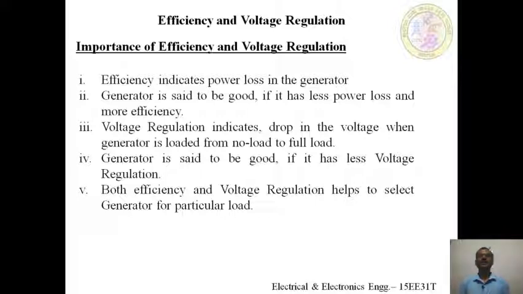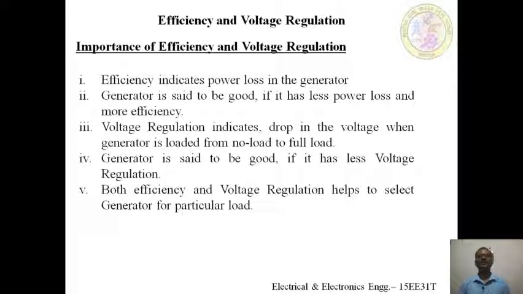Voltage regulation indicates the drop in voltage when the generator is loaded from no load to full load. You know already that as load increases, the armature reaction effect increases, and the voltage drop due to armature resistance also increases.